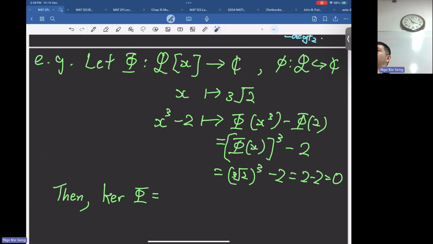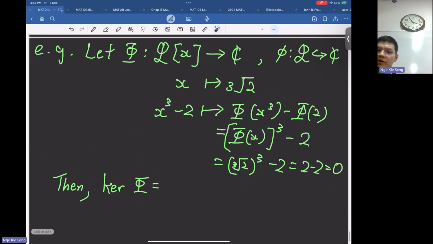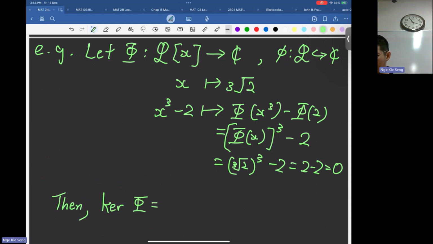We want to invert everything in the integers, like 2, half, 3, the inverse of 3 is 1/3, and so on. So in particular, this kernel here is an ideal. So this kernel has to be generated by one element. What is that single element it is generated by?